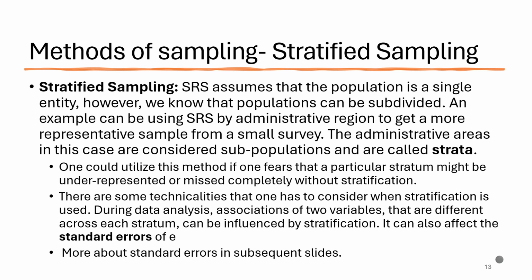Another method of sampling is stratified sampling, and similar to when we were discussing stratification earlier, simple random sampling assumes that the population is a single entity, right? However, we know that populations can be subdivided. An example can be using simple random sampling by administrative region to get more representative samples from a small survey. The administrative areas in this case are considered subpopulations and are called strata.